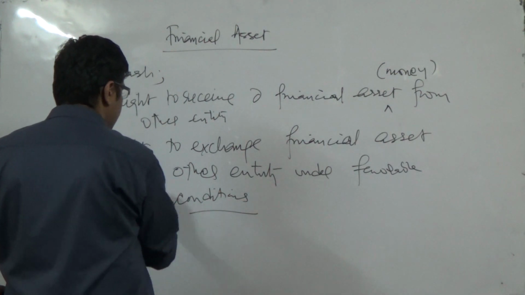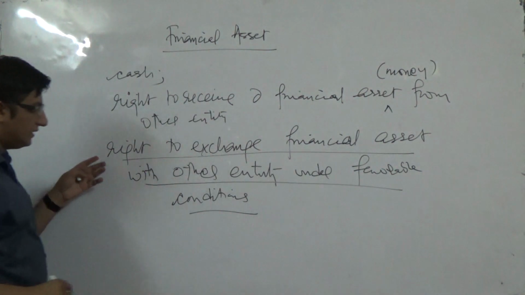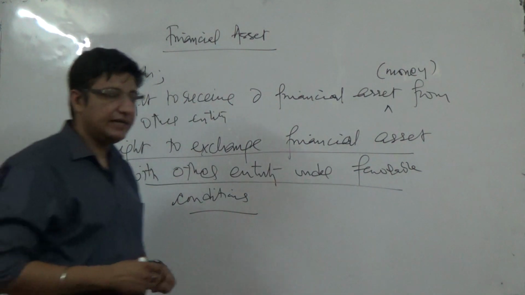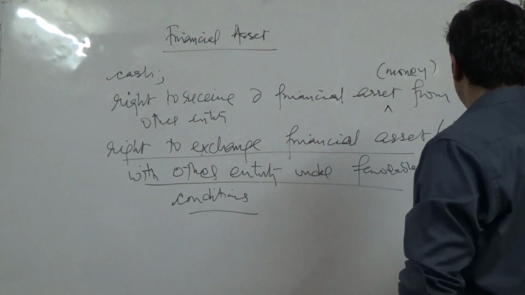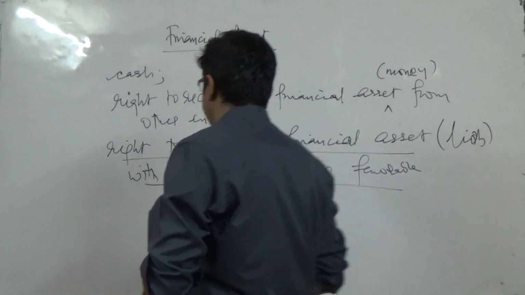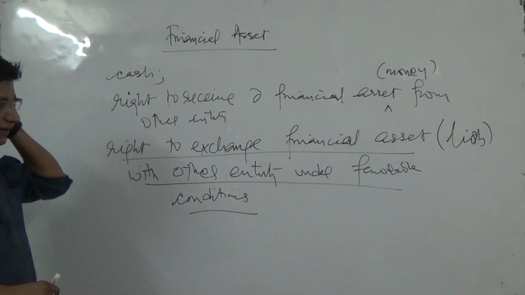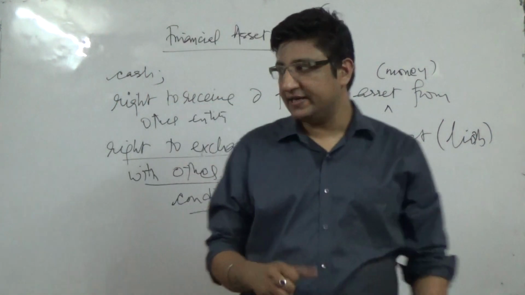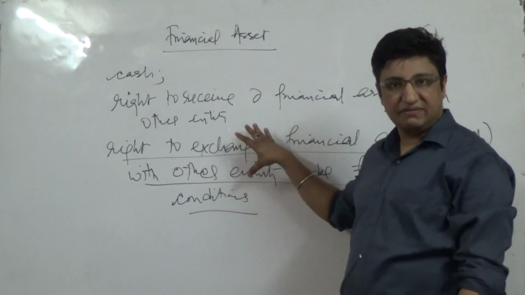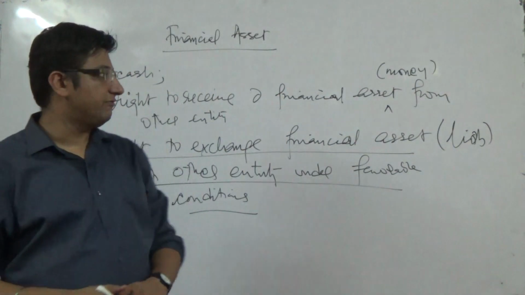Now, this is not exactly the technical definition, but it does talk about the conditions being favorable. I might even want to add the word liability here: a right to exchange financial assets or liabilities under conditions which are potentially favorable to the entity. That is the precise definition of this particular part of the definition of financial assets.